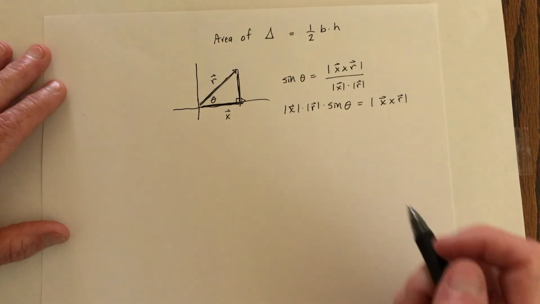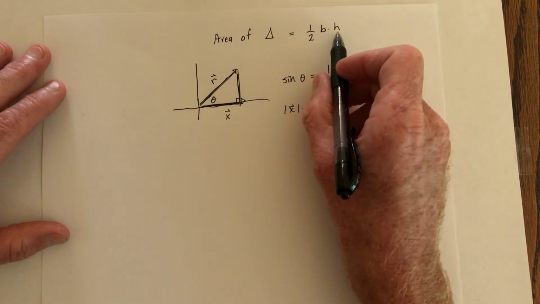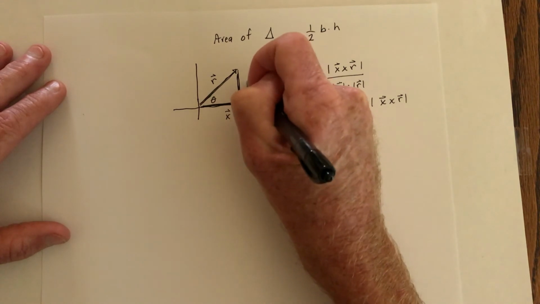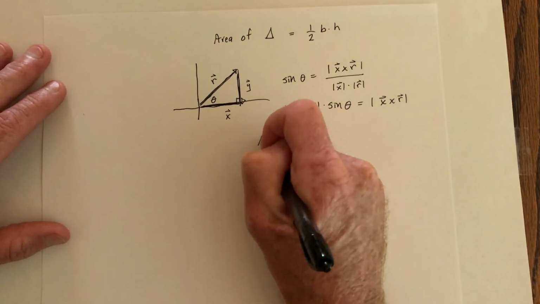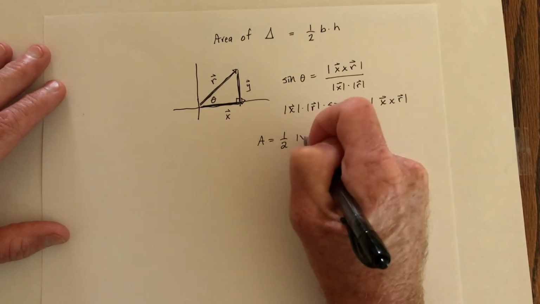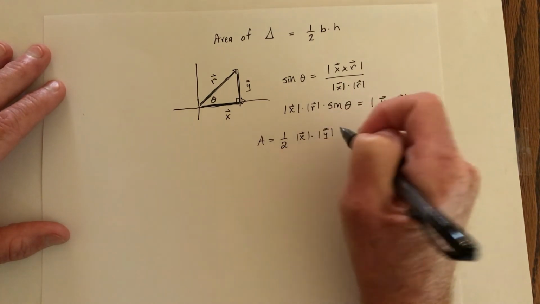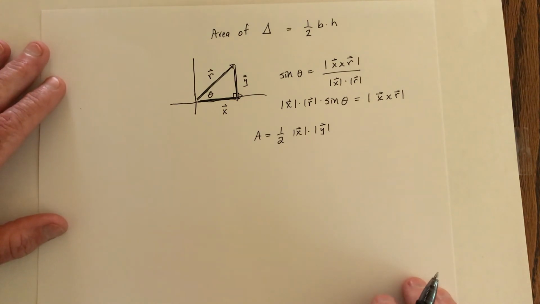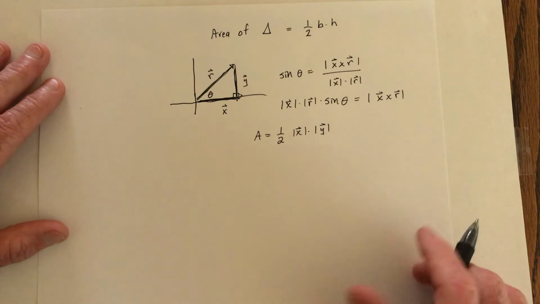Okay, so anyway, I know that area is equal to 1/2 the base times the height. Well, the height, I don't have anything on there, so I'm going to call that vector y. So I know that area equals 1/2 the length of x times the length of y. Good old 5th grade 1/2 base times height. Okay, now to math 24, trigonometry.